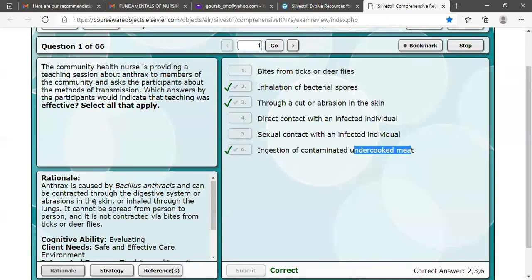So if your skin is broken down, cut, or abraded, it can get in. It is also inhaled through the lungs. It cannot be spread from person to person, and it cannot be contracted via the bite from ticks like Lyme disease.